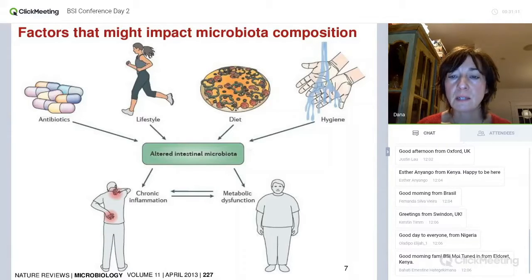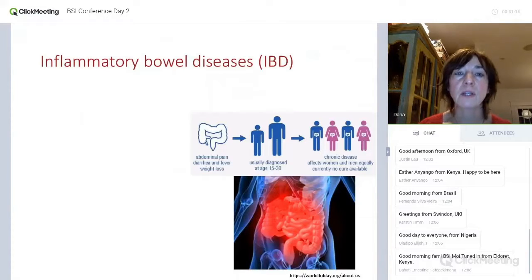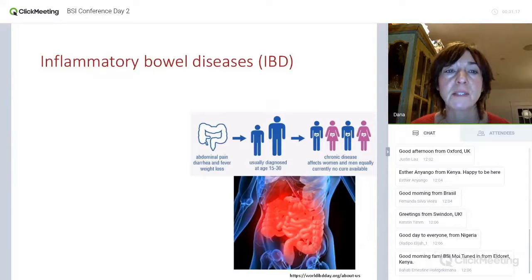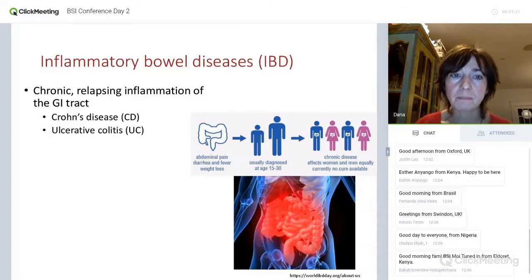The disease that my lab is interested in, trying to understand how the microbiota plays a role in the development of this disease, are the inflammatory bowel diseases, or IBDs. Inflammatory bowel disease consists of two types of disorders: Crohn's disease, a chronic relapsing inflammation of the entire gastrointestinal tract, so it can affect individuals from the mouth to the anus.